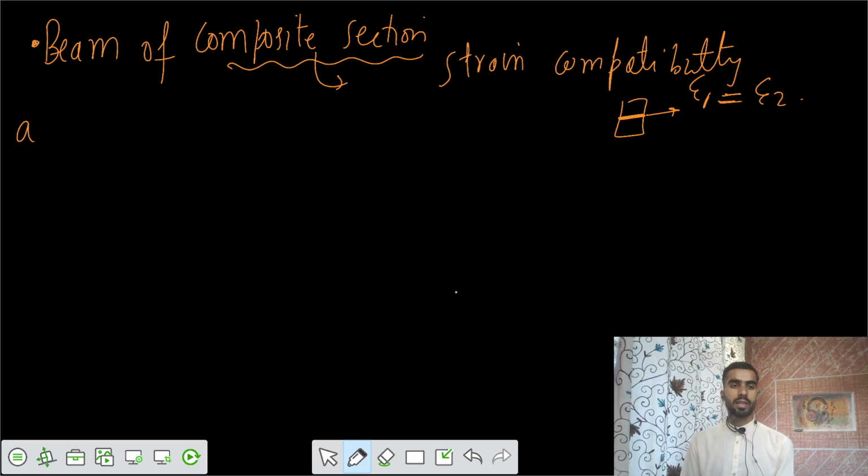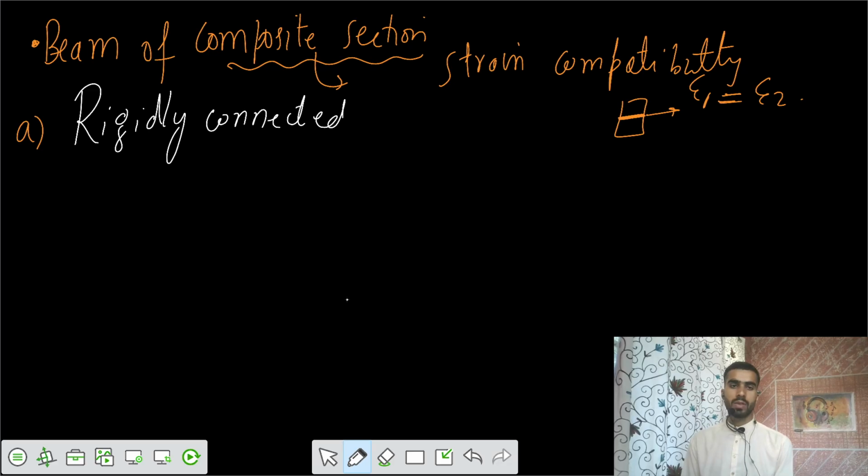Now we have two cases here. Let's talk about the first case, where the two members are rigidly connected. Either we have glued them or bonded them together.